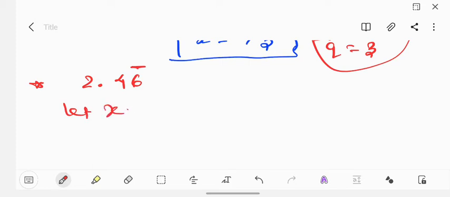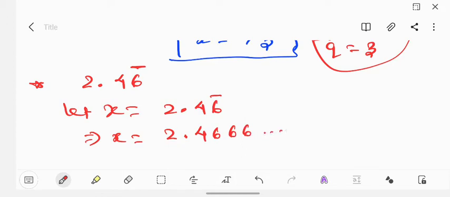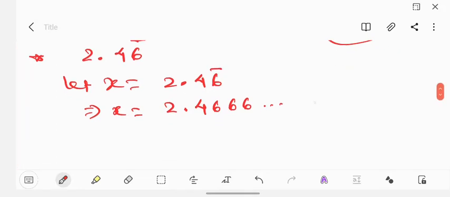Let x equal 2.46 bar. That implies x equals 2.4666. You can repeat along with me. Next, let's declare this as equation number 1.